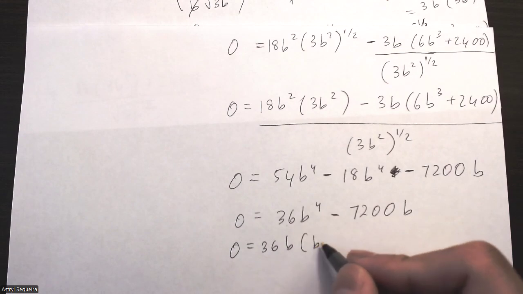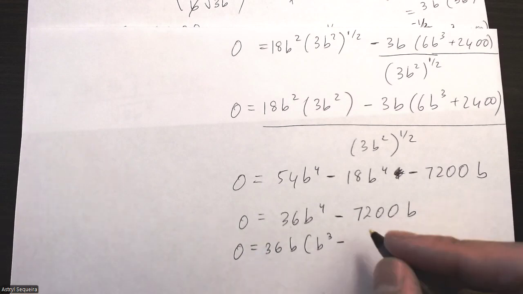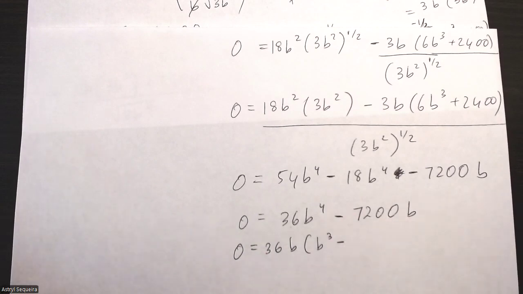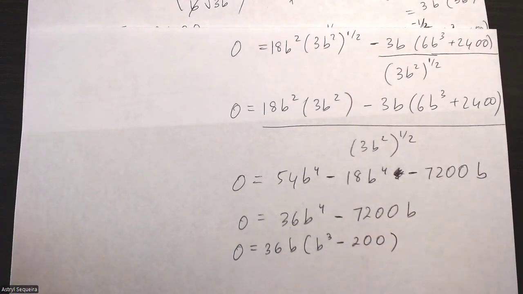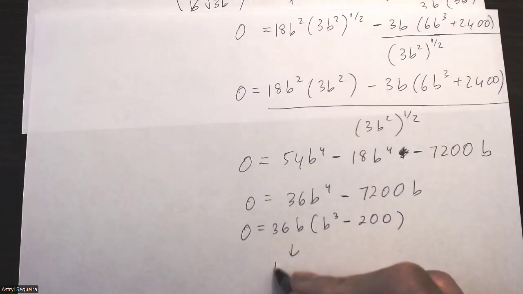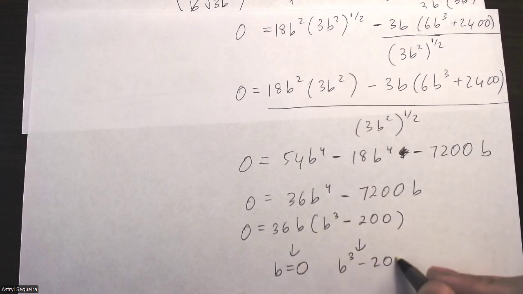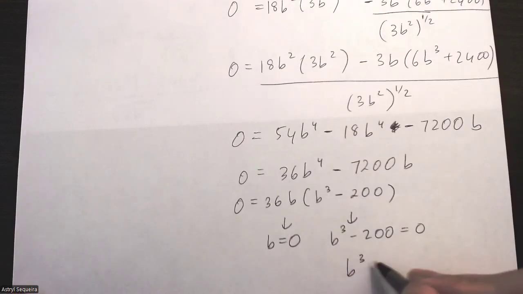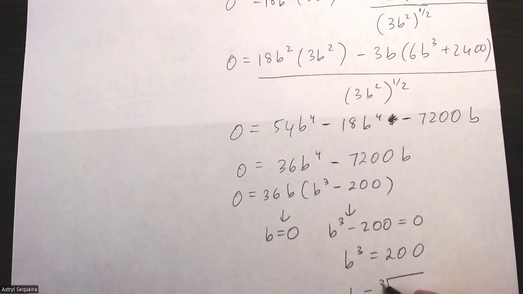I'm left with b cubed minus 200. So over here, my solution is just b equals 0. Over here, it's b cubed minus 200 equals 0. So b cubed equals 200. So b equals the cube root of 200.